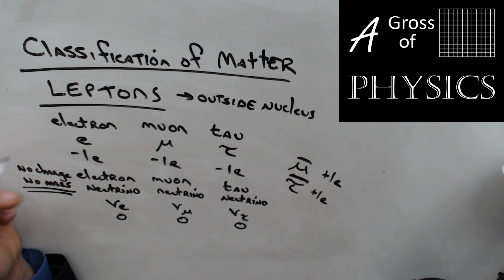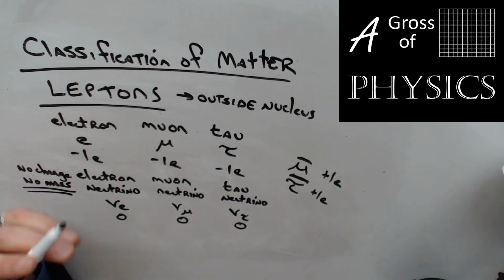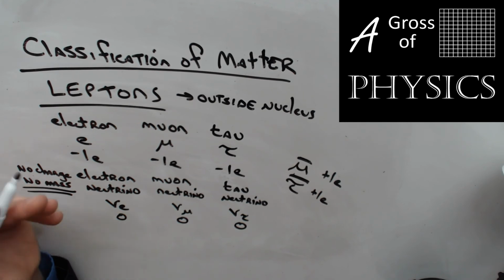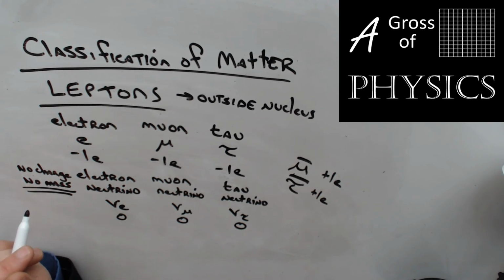What you'll be asked to do is look at the chart and try to determine charges or whether a certain particle fits in a certain classification, almost like you did in biology, where you had to figure out where a specific plant or animal fit within a taxonomic key. And that's it for leptons.